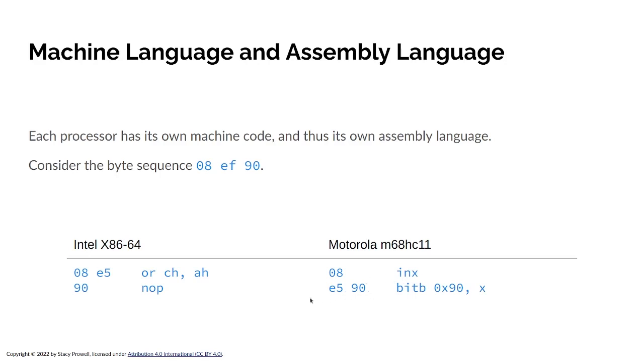And then E590 is interpreted as bit B of 90 and X. So this is a bit test. This is ANDing the contents of, in this case, memory, and the register B, which is an 8-bit register, together. X is the index register. It provides the memory address, and this is an offset into memory.